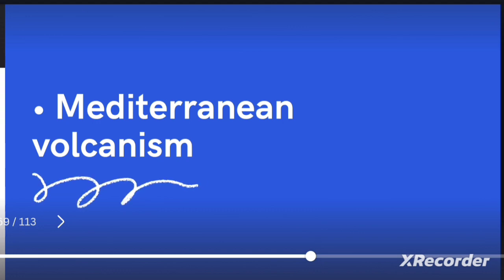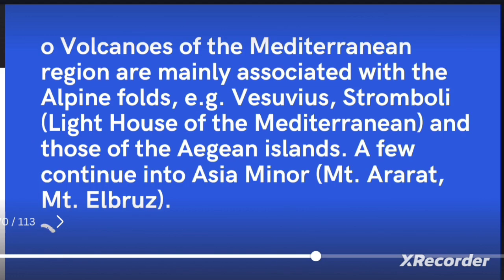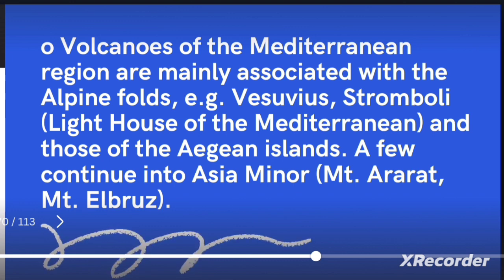Mediterranean volcanism. Volcanoes of the Mediterranean region are mainly associated with the Alpine folds: Vesuvius, Stromboli, the lighthouse of the Mediterranean, and those of the Aeolian Islands.